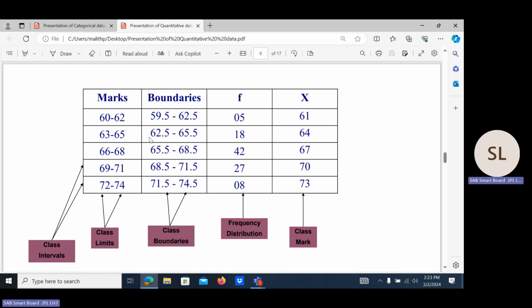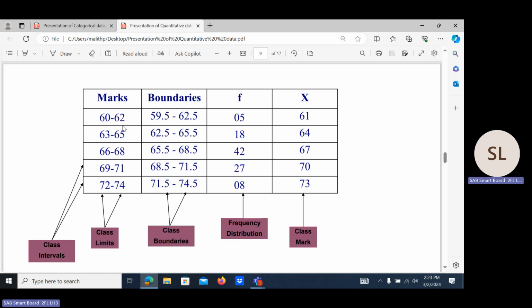Normally, between every class interval there is a gap between the two limits, meaning the upper class limit of the first class interval and the lower class limit of the second class interval. Normally their gap is equal to 1. So easily we can subtract 0.5 from the lower class limit and add 0.5 to the upper class limit.